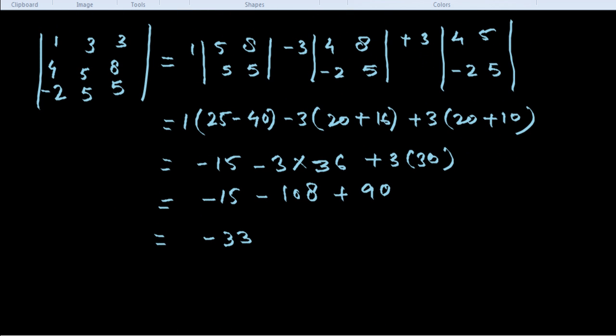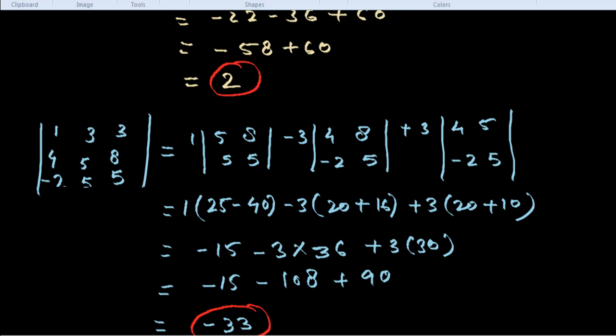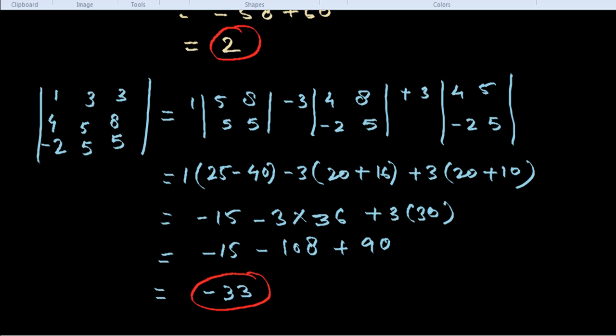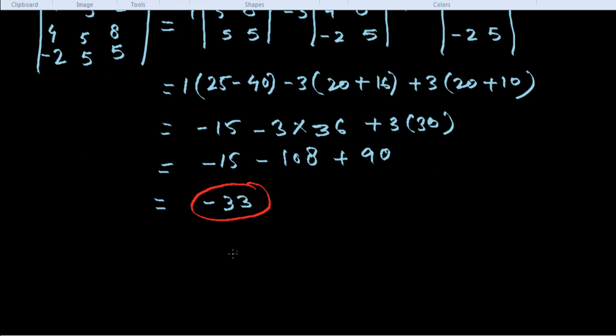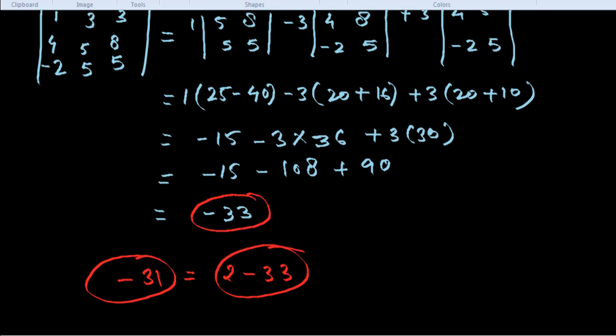So this is the value of the second determinant. We have got minus 33 and 2. 2 minus 33, we get minus 31, which was the value of our original determinant.